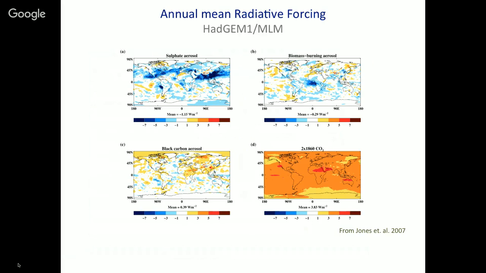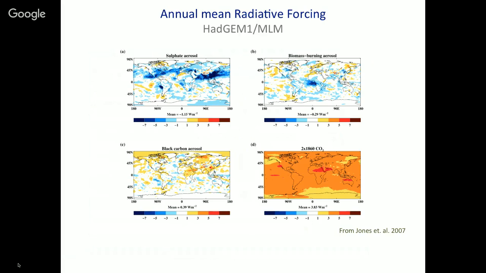In simple terms, a radiative forcing is a variable which tells you the excess or deficit of energy coming into the climate system, relative to what it should be in equilibrium climate conditions. As you can see in the sulfate aerosols, the cooler color means there is a deficit of energy into the climate system over this region.